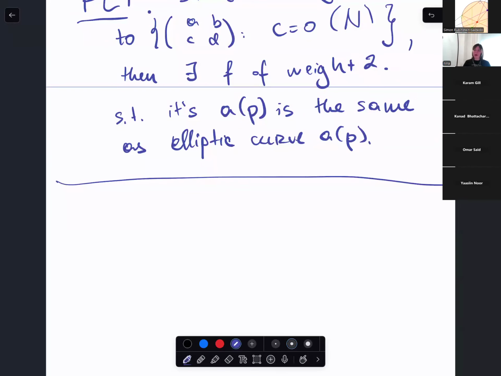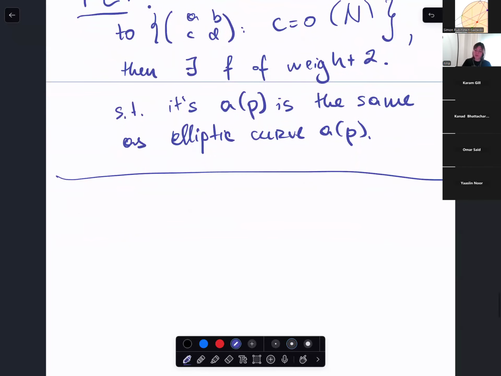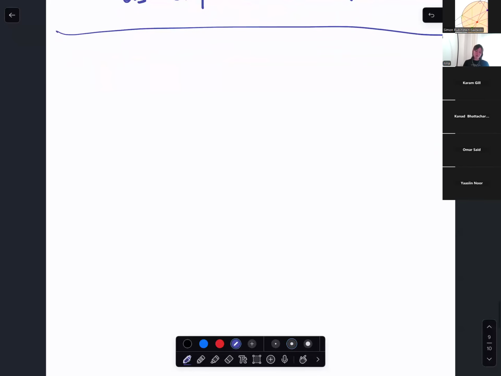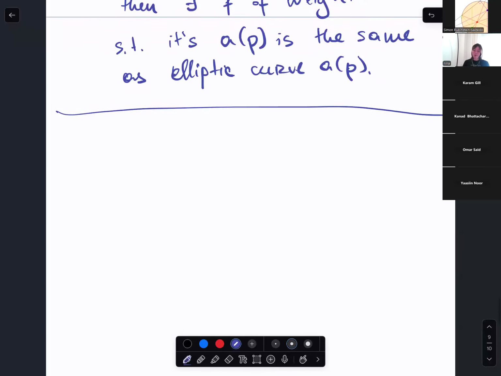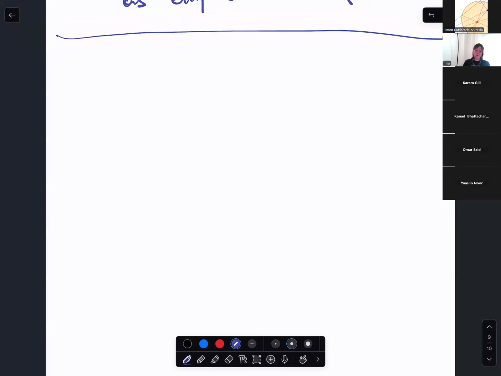Okay, I will try to finish by just very briefly explaining what my thesis is about. My thesis started with a number of computer scientists who were basically trying to do machine learning on ranks of elliptic curves.